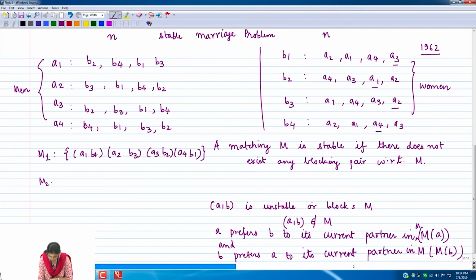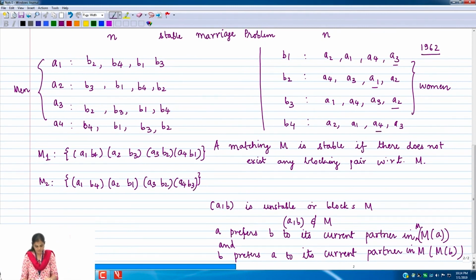And M2, so now I am going to write another matching which you can again verify is also a stable matching. So A1, B4, so A1 retains its partner, A2 instead of getting matched to B3 gets matched to B1, A3, B2 and A4, B3.